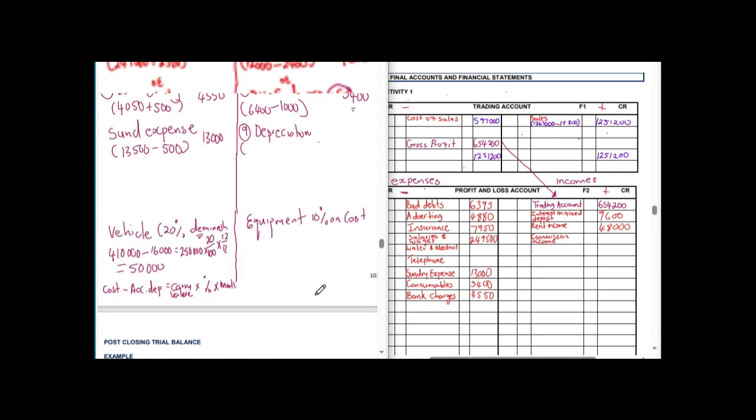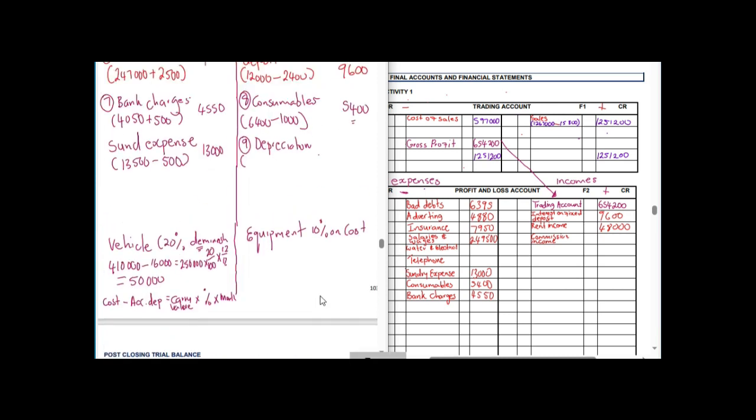And then now we can go to our depreciation there and write that for the entire year for vehicle we have depreciation of 50,000.